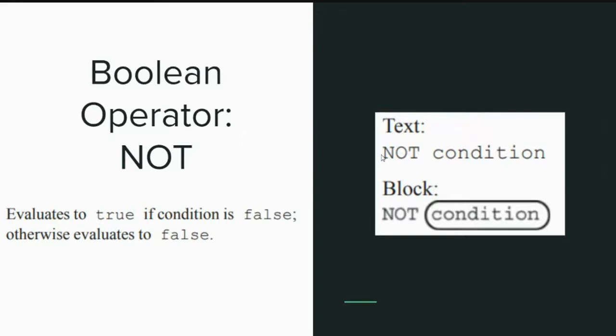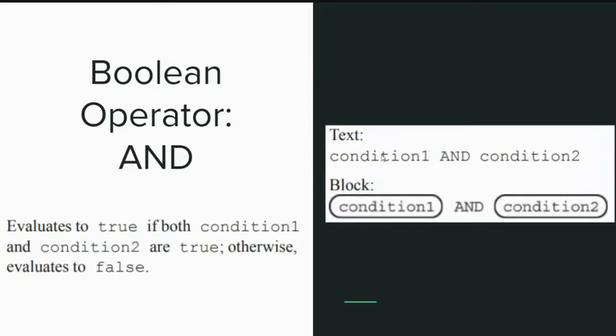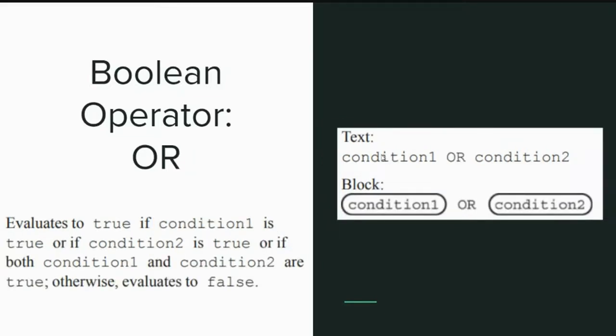You're checking if it's not true. So if that condition is not true, then this command will come back true. Don't let that confuse you. And then condition 1 or condition 2, where you just check to see if one of those things is true. They don't both have to be true.